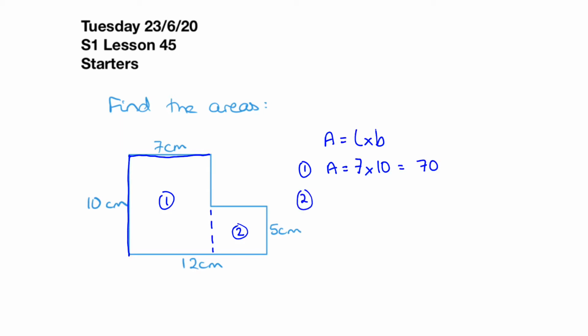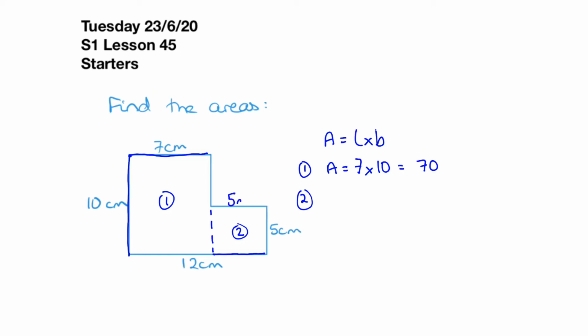Then looking at rectangle 2, we need to find that length, don't we? So remember that this length here and that one there make up the 12 centimetres altogether. We can see that. Okay, that bit's 7 that I've just moved. So 7 and 5 makes 12.